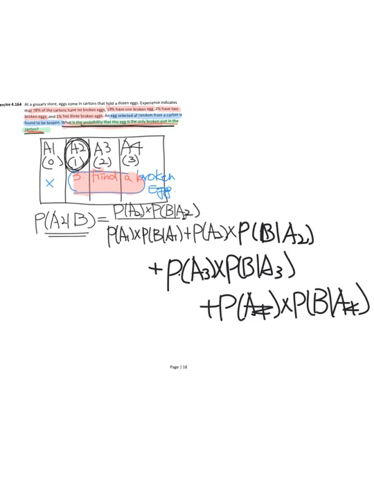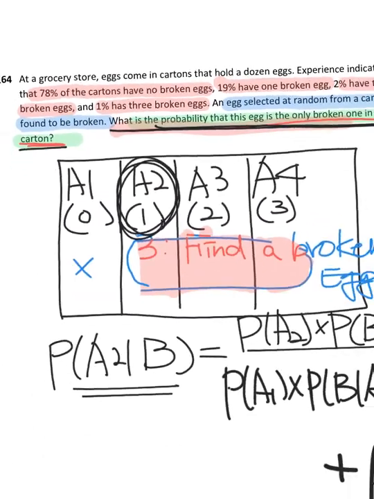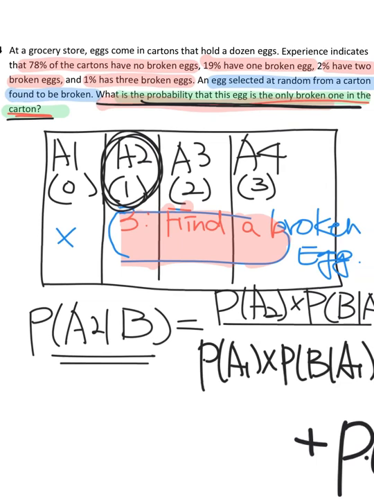What do we need? Did you copy the percentages? We need the percentages. 78%, that is 0.78. It is the probability of A1, no broken egg. That is the chance I chose the clean box, as every egg is not broken.